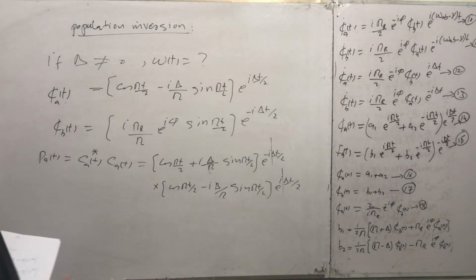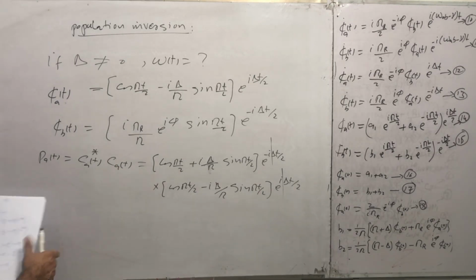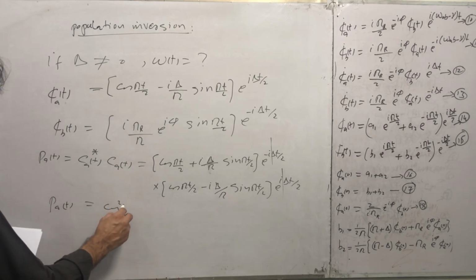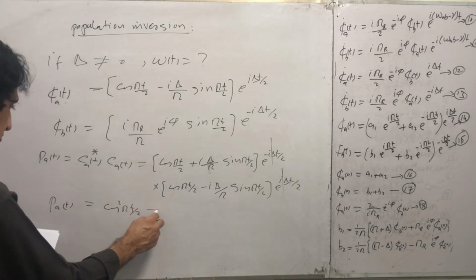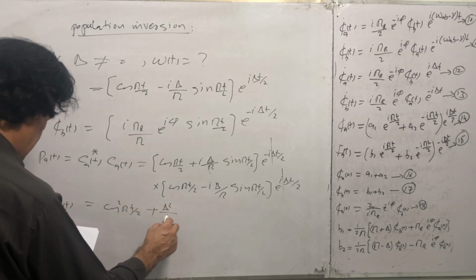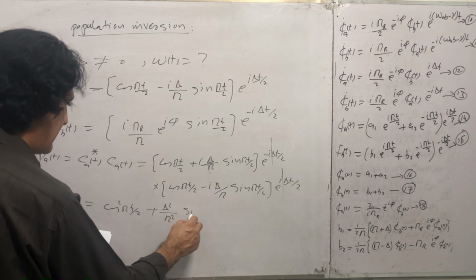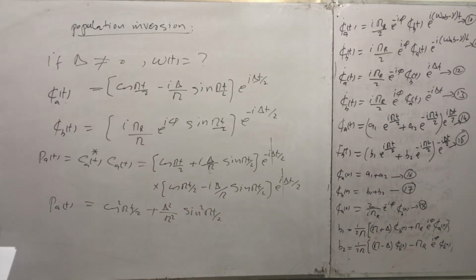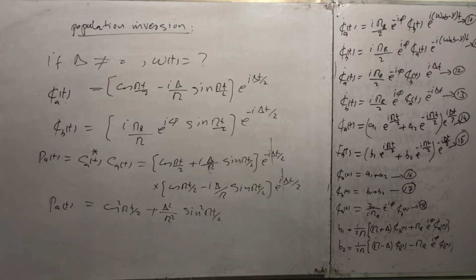And finally, after some steps, the probability of A will be equal to cosine squared omega t divided by 2 plus delta squared divided by omega squared sine squared omega t divided by 2. So this is the probability of state A.